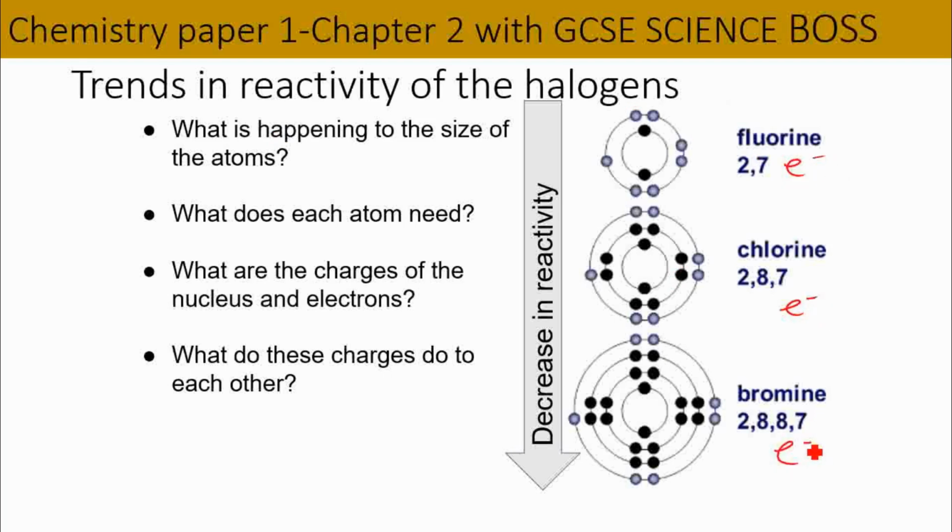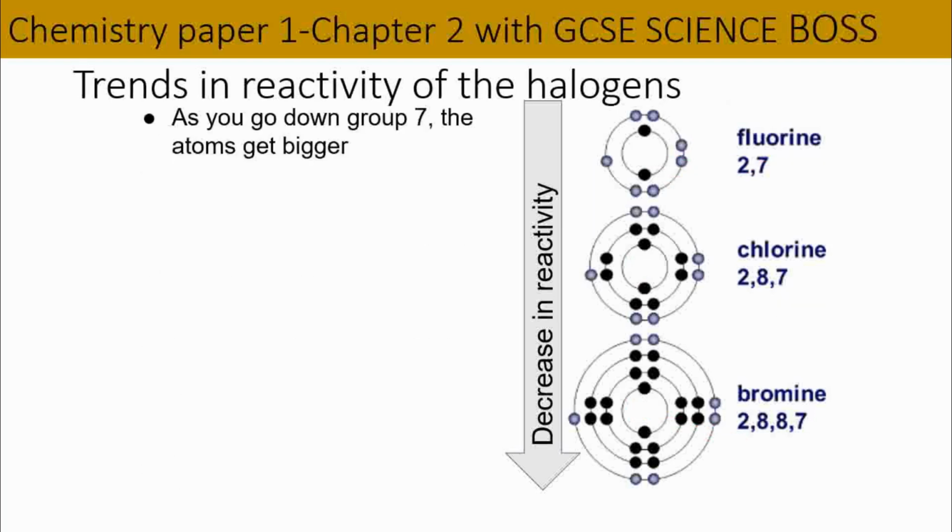So the electrons need to be pulled in. Now what's pulling that in? The protons are pulling these electrons in, but look at what the protons have to pull through. They have to pull through the shells, the shields. The one that will pull the electron in the easiest is going to be fluorine because it has fewer shields. Good.